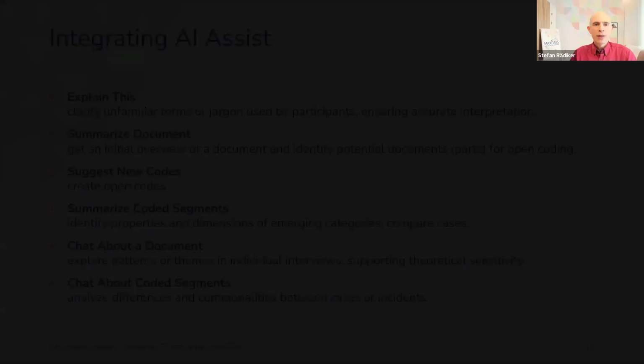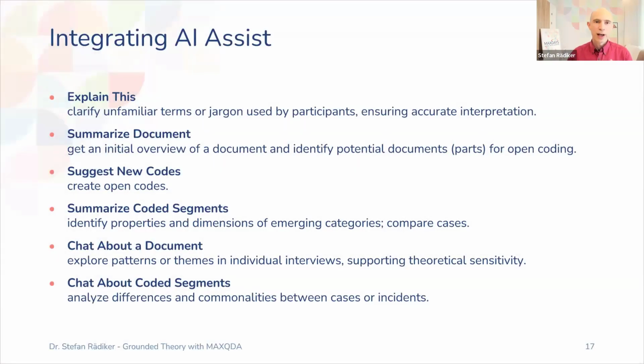I think it's always a good idea to have a look at AI Assist, because AI Assist may support your grounded theory studies in many ways, and I've given you some ideas on the handout. For example, you could use Explain This, which creates an explanation, usually one or two paragraphs, if you come across an unfamiliar term or a jargon word that is used by participants, right?